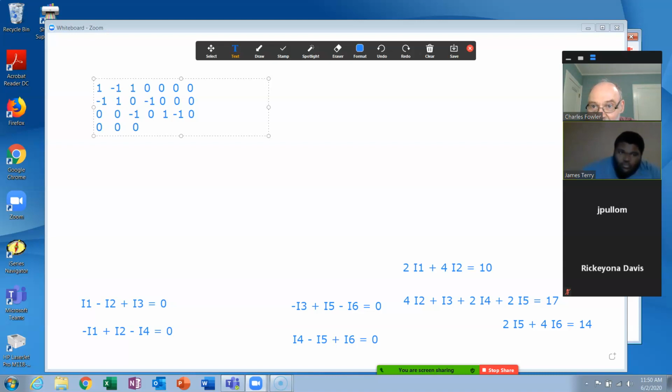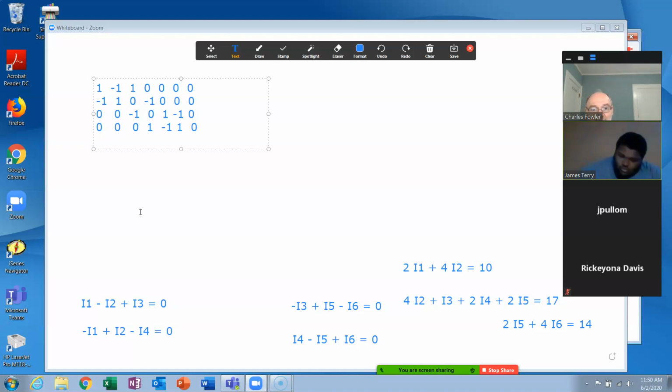Okay. I think that's a 1. That's for I4. Space, space, minus 1, space, 1, space, space, 0. Okay, not very pretty, but that's the best I can do. Those are our 4 junctions.